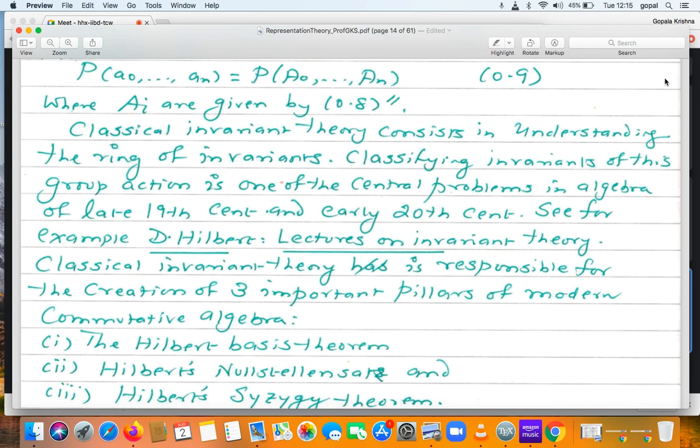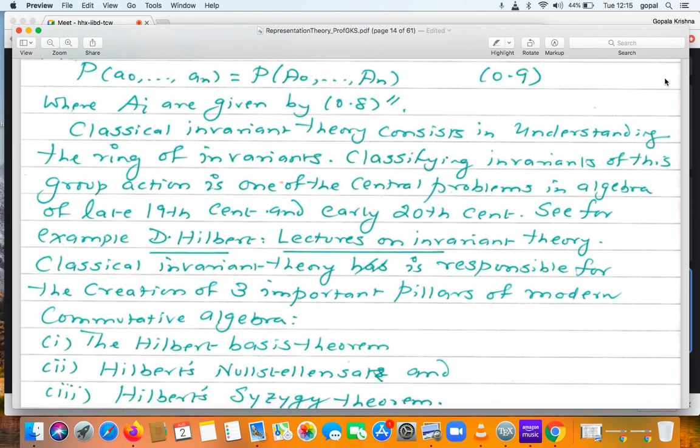Let me give you another example of invariance. Take the symmetric group Sn. The symmetric group Sn can act on the variables, right? Suppose I take a polynomial in x1, x2, ..., xn and take a permutation sigma, and simply replace x1 by x of sigma 1, x2 by x of sigma 2, ..., xn by x of sigma n.